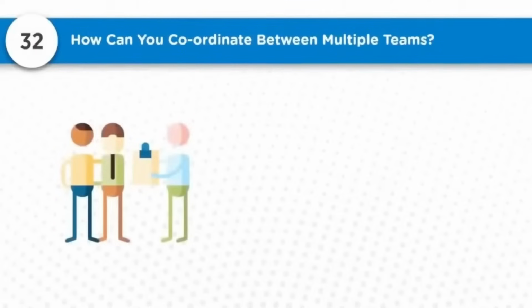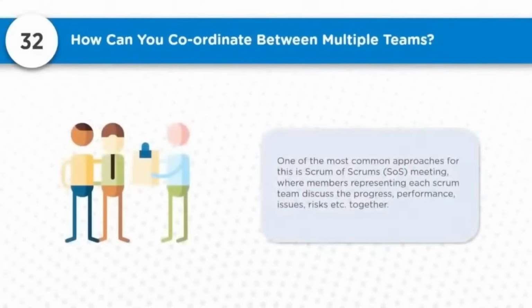Now question number 32, how can one coordinate between multiple teams? One of the most common approaches for this is the Scrum of Scrums meeting, where members representing each Scrum team discuss the progress, performance, issues, risks, etc. together. This is a complex structure you're speaking about.